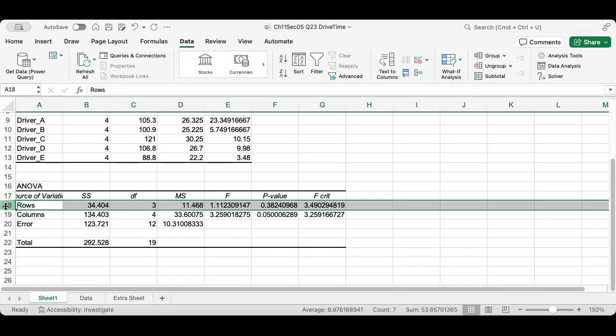It simply doesn't have a statistically significant effect. It may actually have an effect, but it's not enough of one that the variation in drive time is caused by picking a particular hotel.